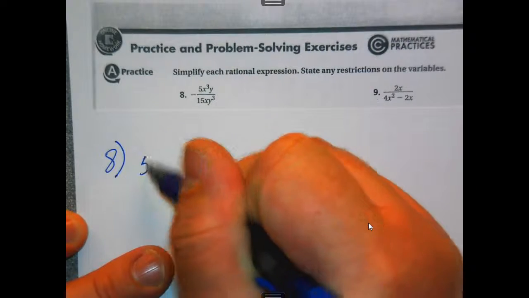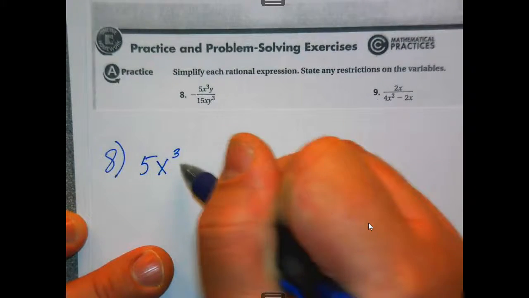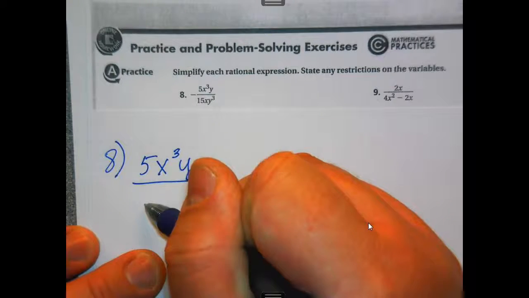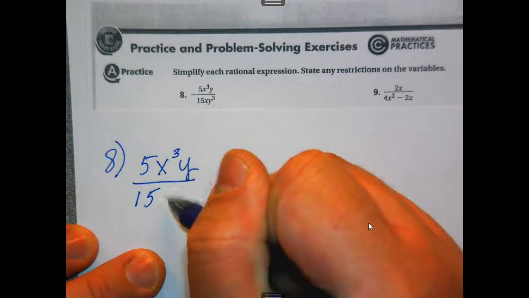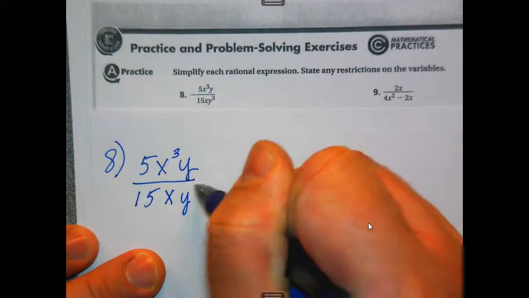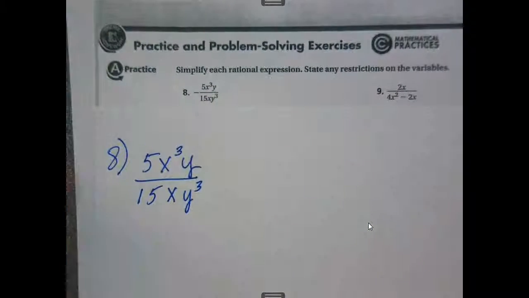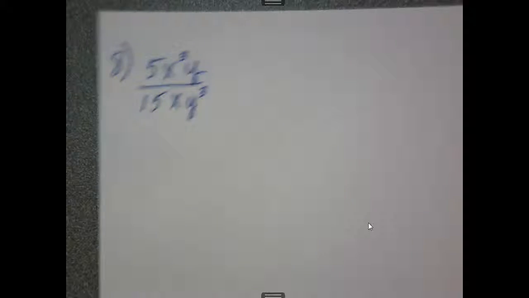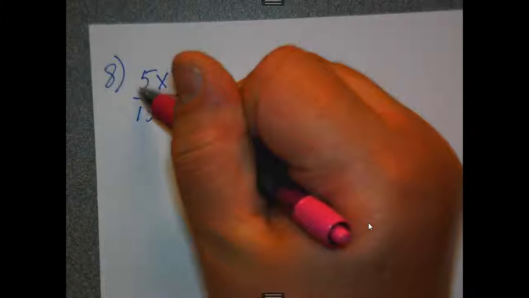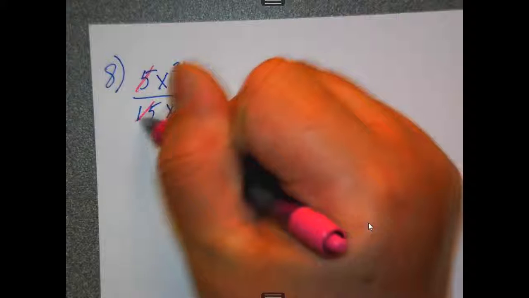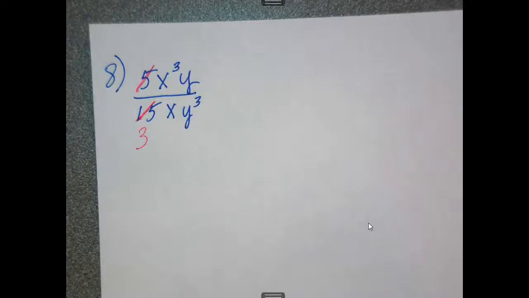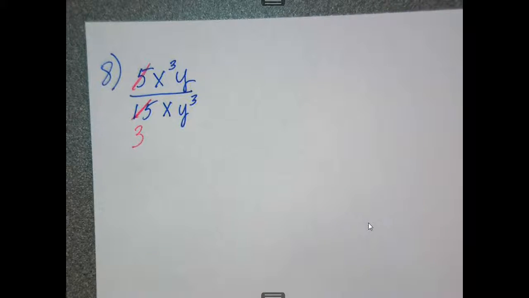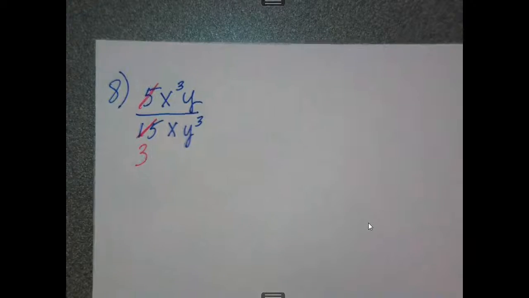I have 5x cubed y over 15 x y cubed. Okay, let's look at the numbers. 5 goes into 15 how many times? I have 3 x's on top, 1 on the bottom.